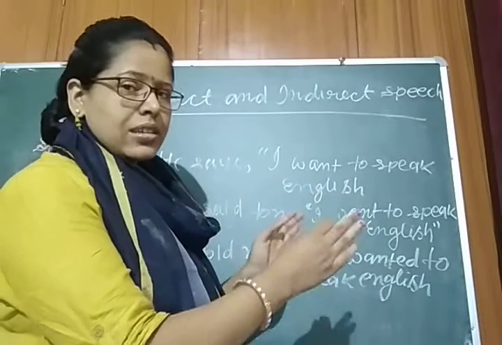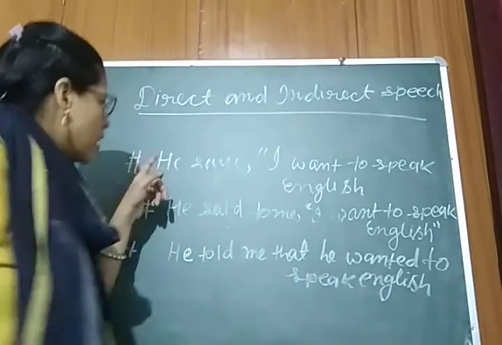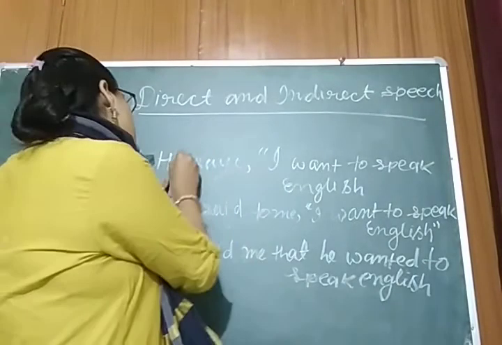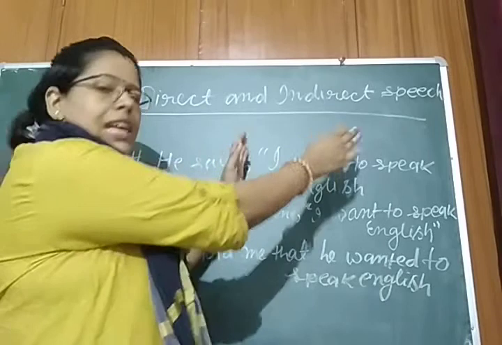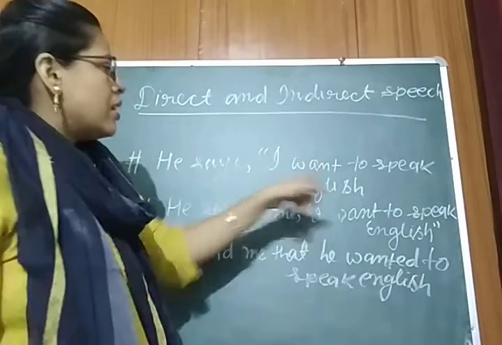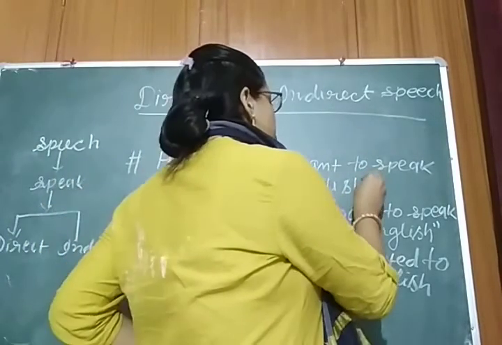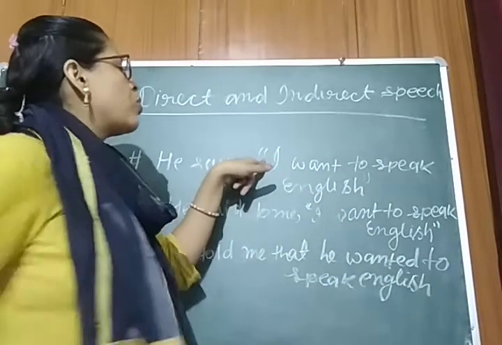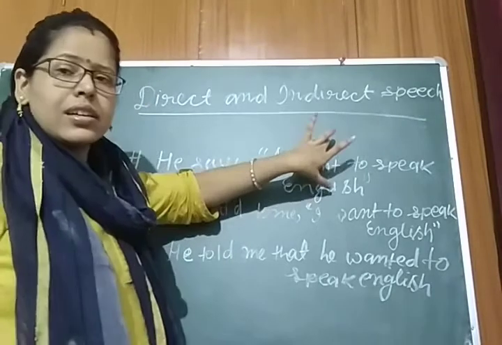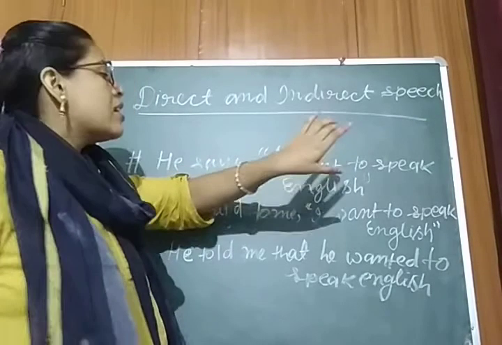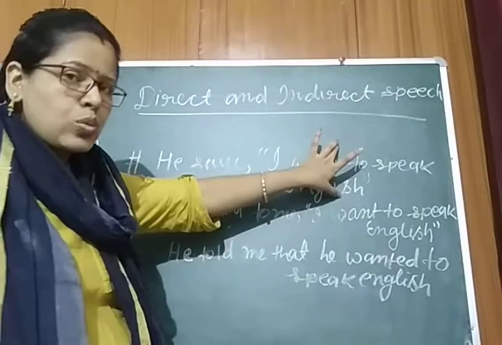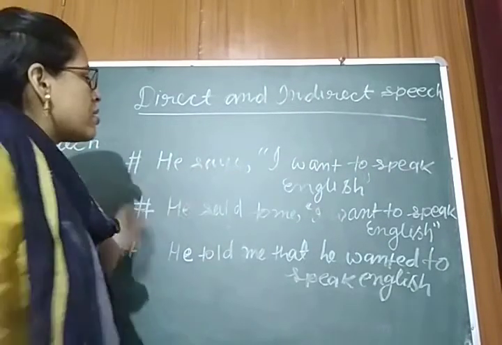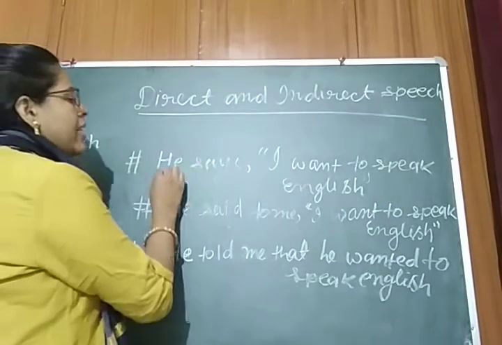Whatever the speaker said, I have written as it is under the inverted commas. The double inverted comma reflects that it is the real quotation, the exact words spoken by him. So this is an example of direct speech.